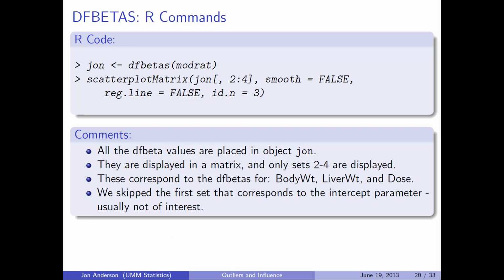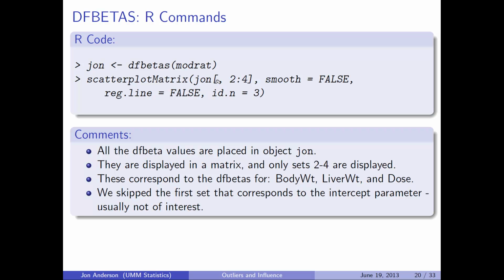Here is a way to do this. I have estimated a model previously called modrat, and I extract the DFBETAS using the dfbetas function on the model, and I'll save them in a data frame called John, and then I'm going to display them for you in a scatterplot matrix function, using the data frame John.